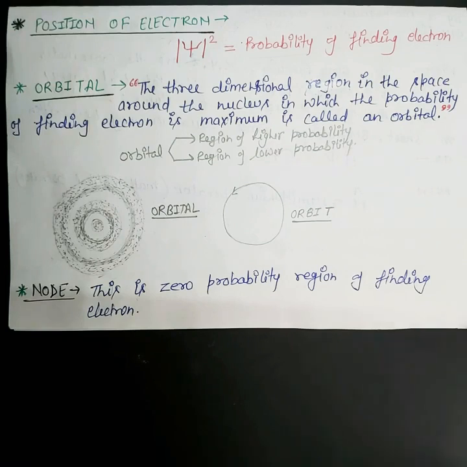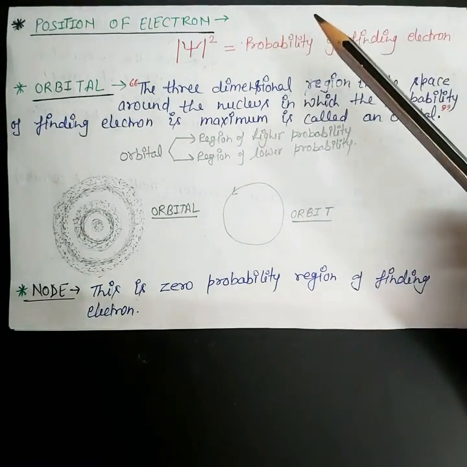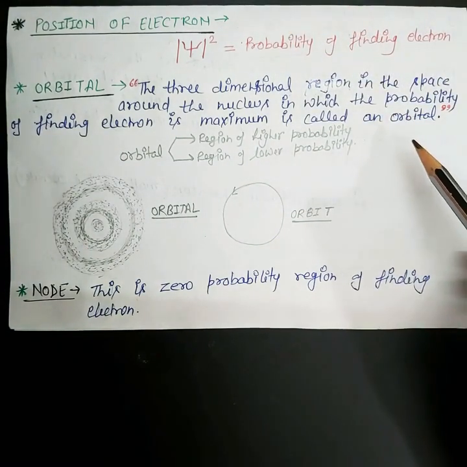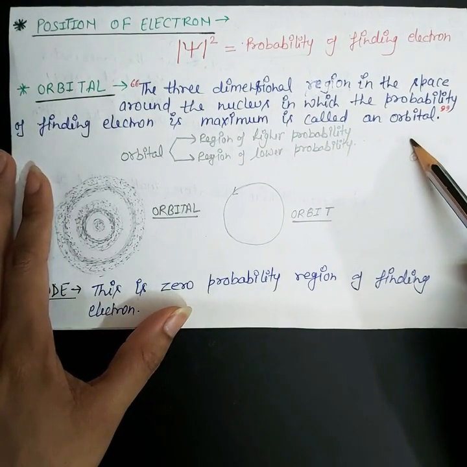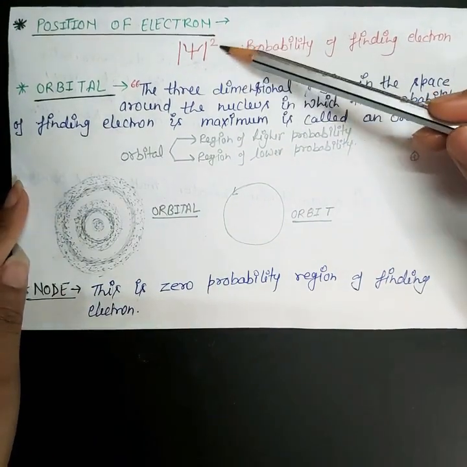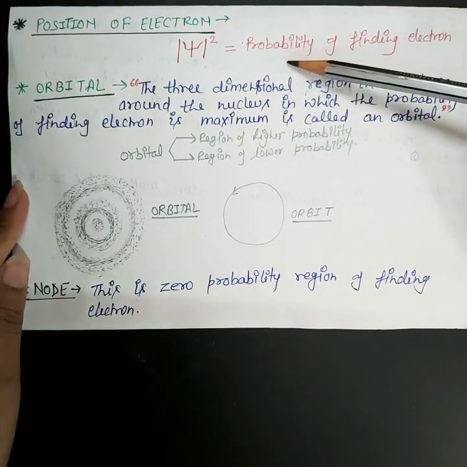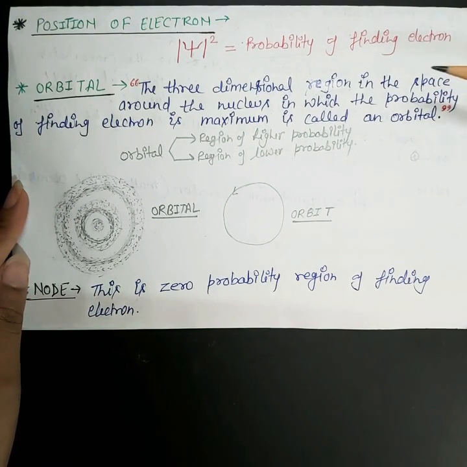Now in this way we can say that for any particular area around the nucleus, suppose this is the nucleus, if the value of mod psi square is higher, it means the probability of finding electron in that area will be maximum.